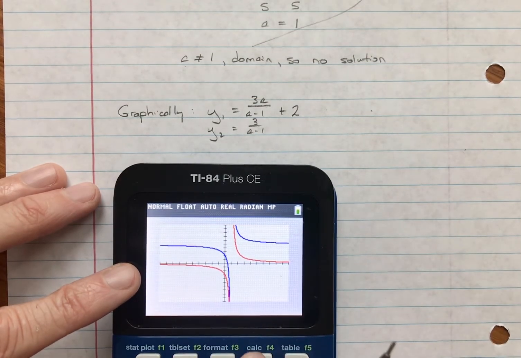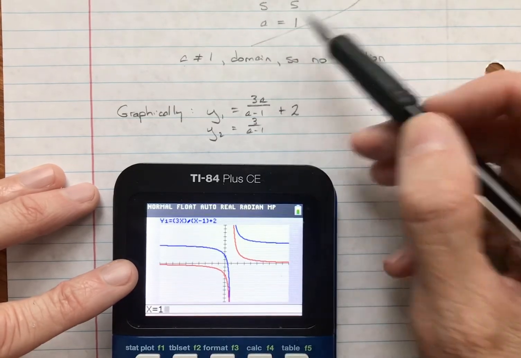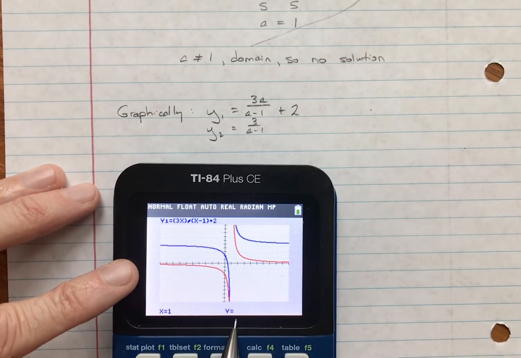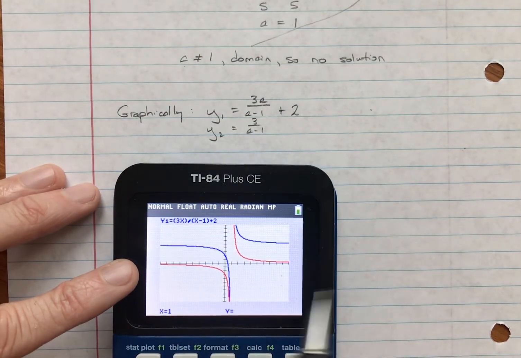So we can do a couple things. If you press trace and you enter a 1 for the x value, which we think based upon right up here, it's 1, it doesn't give you a y value. It can't be 1 because it's not allowed. There's no solution to either side, to either of these equations at 1. And you could probably pick, how about 0.999?